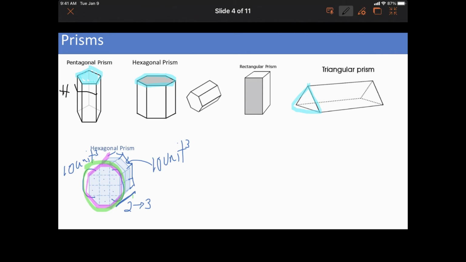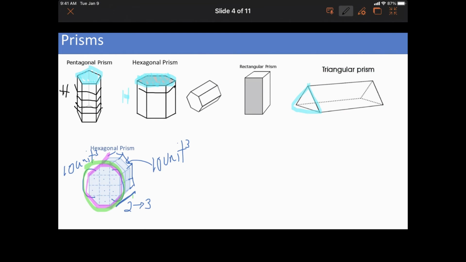Right? Because you would just have the different levels, and they would all be 1 unit in height. Would that also work for a prism? Sure, right? If I can find the area of this and then multiply it by its height, that would work.